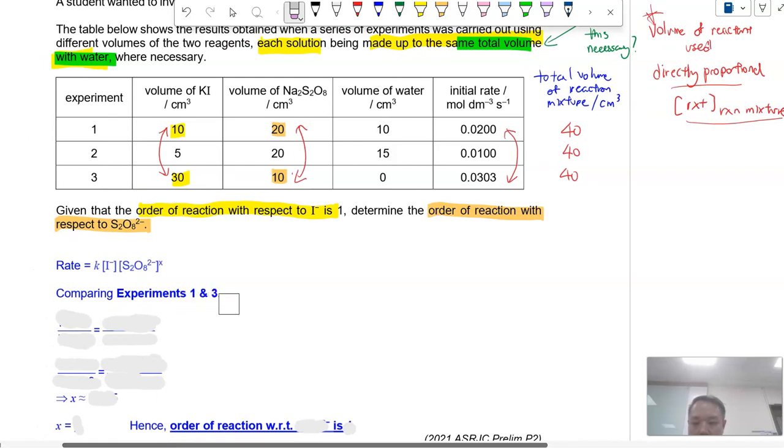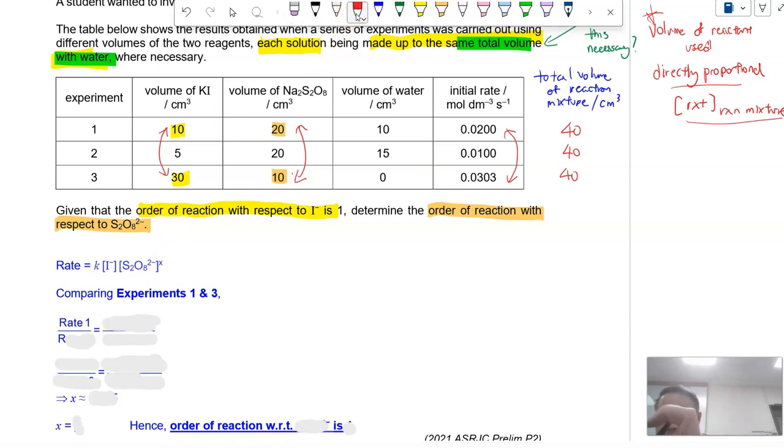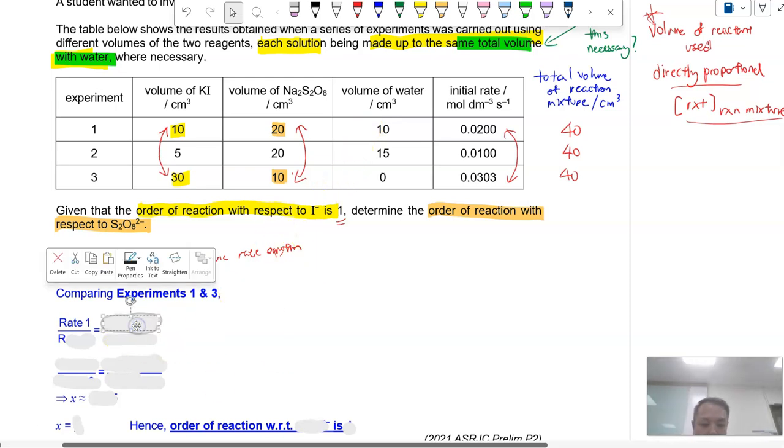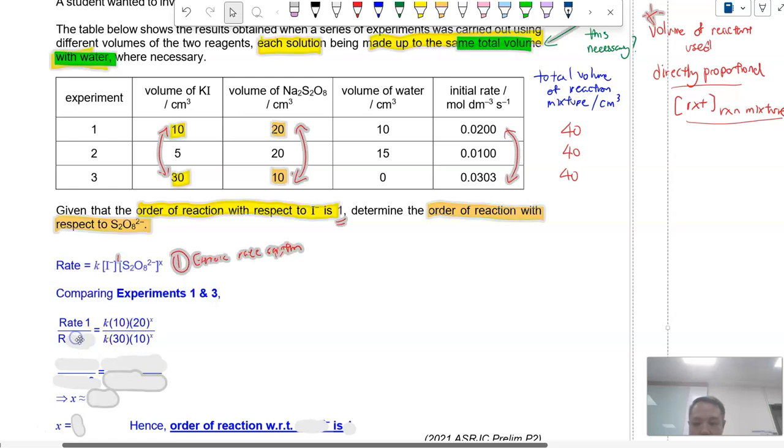Because both factors change at the same time, what I've done is to use the calculation method. Okay, so comparing between experiment 1 and 3, again, over here, step 1 first, I write out my generic rate equation. Right, since they say that the order of reaction with respect to I- is 1, I have written in 1 here instead of x and y. So once I compare experiment 1 and 3, I sub in all the values of 1 and 3. So over here, notice that I did not sub in the concentration.